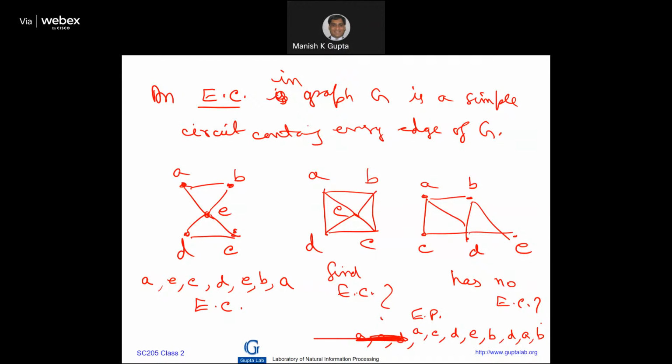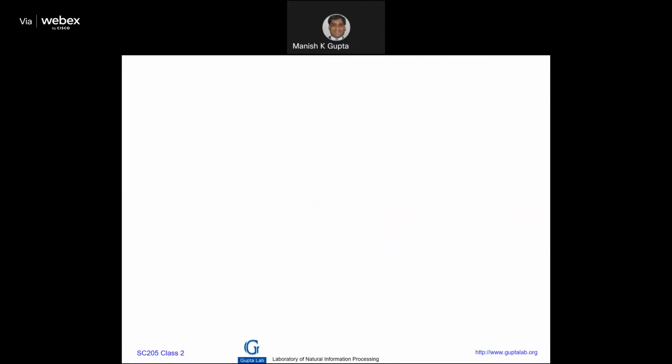Okay. In fact, there are two results which I would like to mention here now, without proof, of course. So remember, Euler circuit means it should contain every edge, right? That is important.